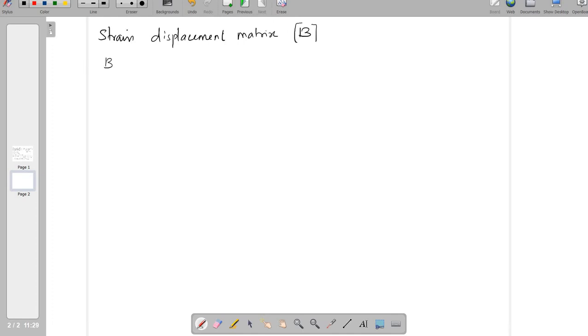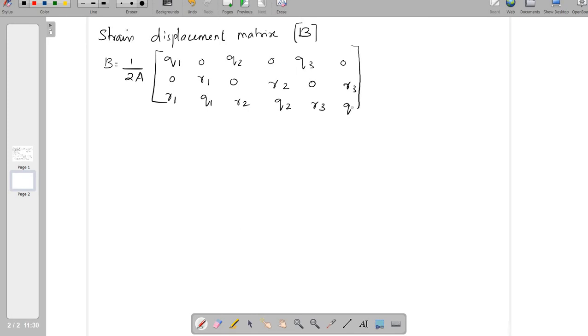The B matrix for CST is 1 by 2A times: Q1 0, Q2 0, Q3 0, so totally 6 elements. Next row: 0 R1, 0 R2, 0 R3, which is all about dV by dy. Next, the combined dou u by dou y plus dou v by dou x: R1, Q1, R2, Q2, R3, Q3.